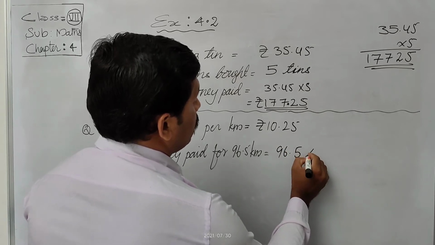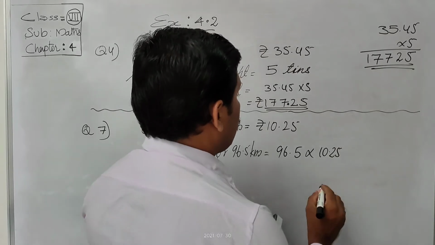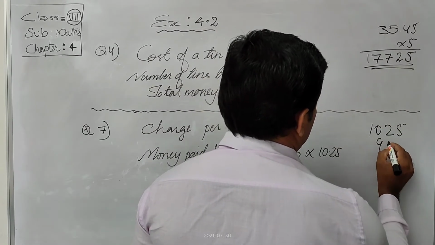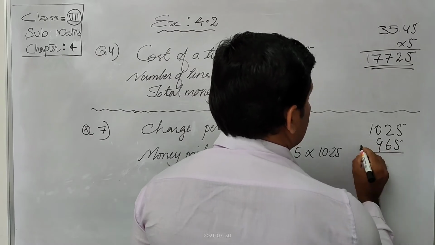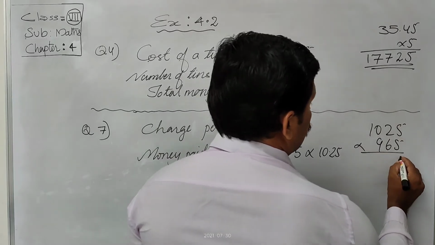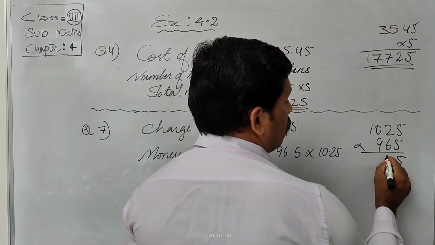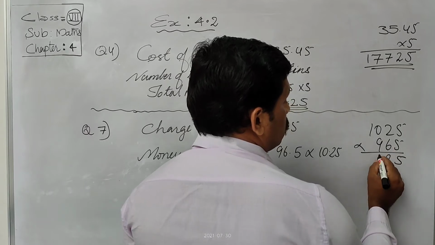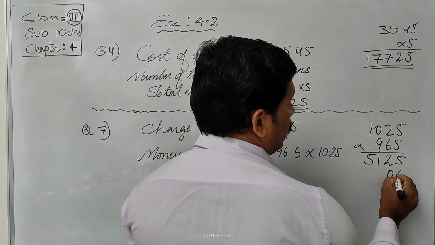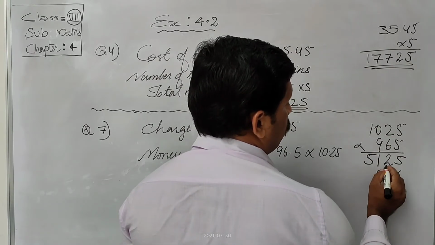So 96.5 kilometers into 10.25. We can multiply 10.25 into 96.5, multiplying the numbers without the decimal. So 5 5s are 25, remainder 2. 5 2s are 10 plus 2, 12, remainder 1, and 1 and 5. 6 5s are 30, remainder 3. 6 2s are 12 plus 3, 15, remainder 1.